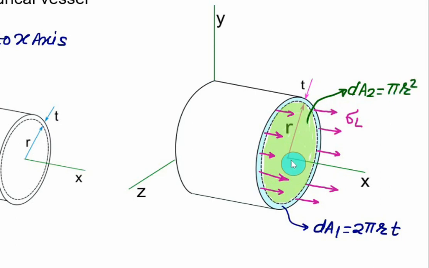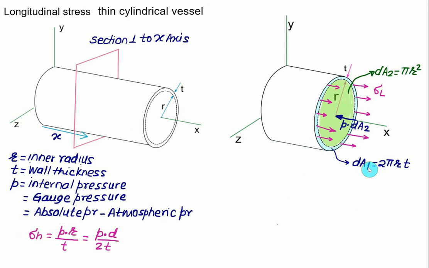If it is uniform pressure, then the centroid will represent the centroid of the pressure force, and this pressure force will be equal to P multiplied by dA2. The pressure force is acting in the negative direction of x, and the longitudinal stress multiplied by area dA1 will act in the positive direction of x.